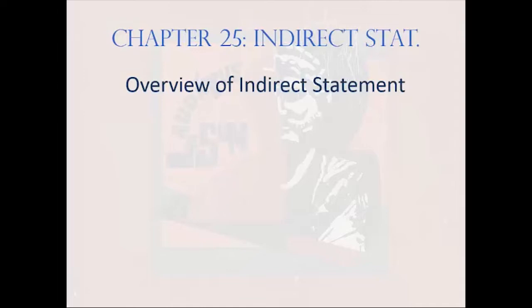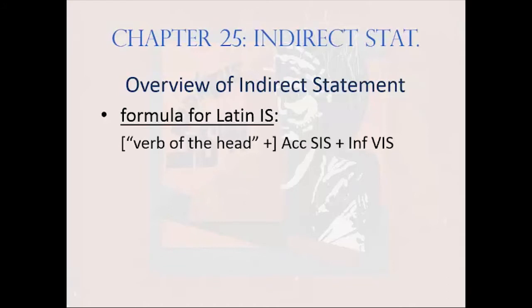Let's review. The formula for indirect statement is simple and straightforward. A verb of the head in the main sentence sets up the possibility of indirect statement, which will have an accusative subject, acc-subj we'll call this, and an infinitive verb, inf this. Latin doesn't use a that clause the way English does because there's no that in Latin.